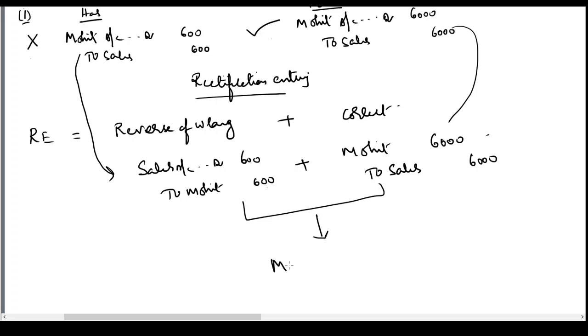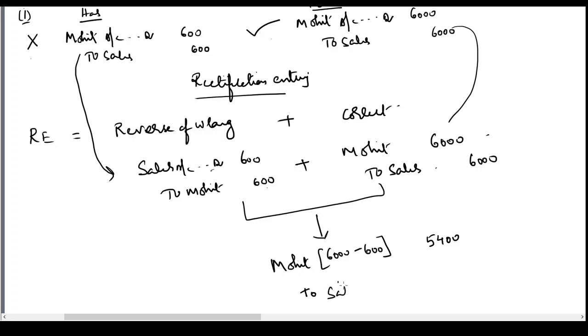That means the net effect on Mohit account would be: 6000 is debit, 600 is credit, so I'll subtract 600 from here, 5400. To sales account: 600 debit, 600 credit, 6000 credit.